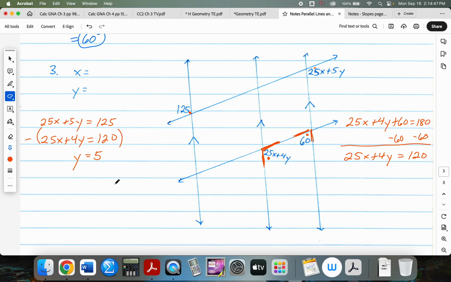So now that I know what y is, I can substitute back into either one of these. It doesn't matter which. I'm going to substitute back into the second one. I'll have 25x plus 4 times 5 is equal to 120. 4 times 5 is 20, so I'm going to subtract 20 from both sides.